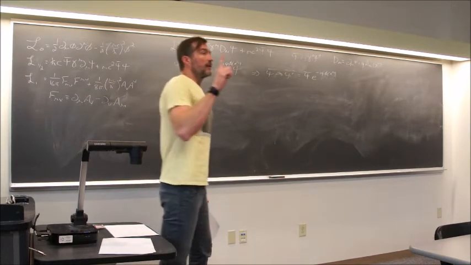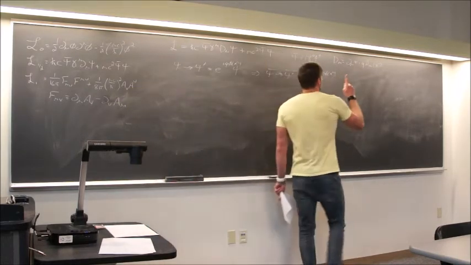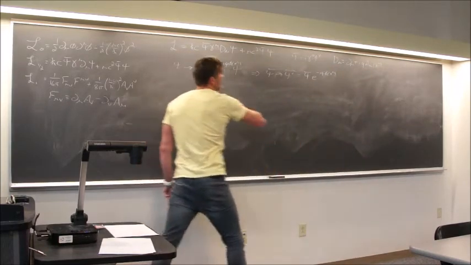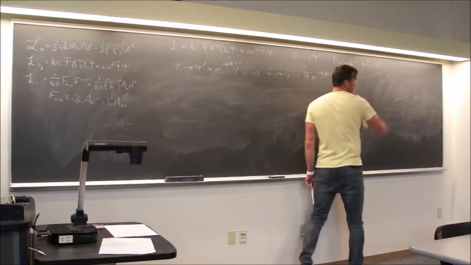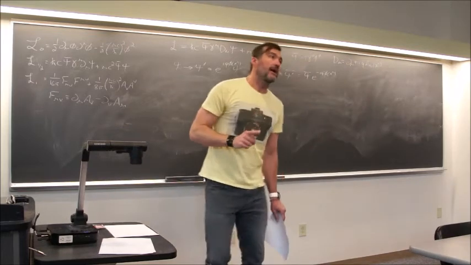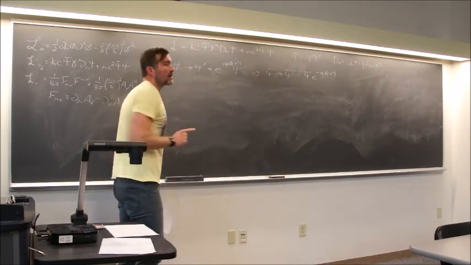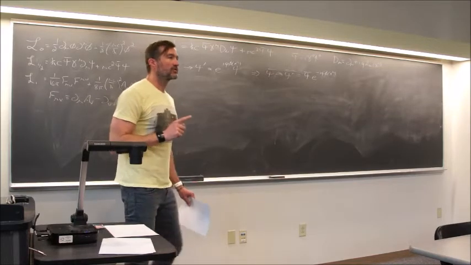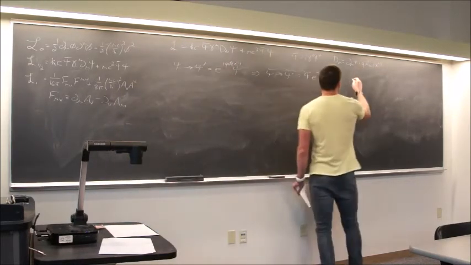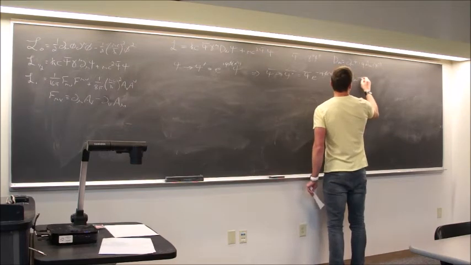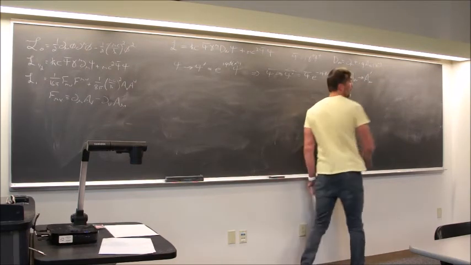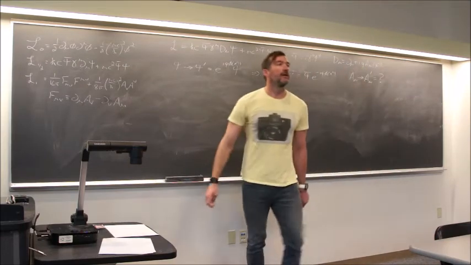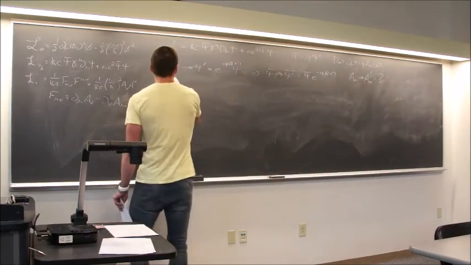I'm going to work with this Lagrangian with this new derivative, and what we'll find is that this Lagrangian is invariant under the local transformation as long as A transforms in a specific way, which we will determine in just a moment. Okay? So let's see how this works.